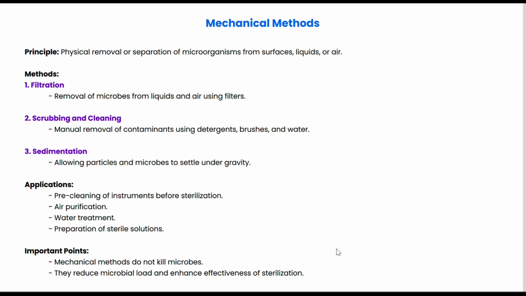Applications include pre-cleaning surgical instruments before sterilization, air purification processes, water treatment plants, and preparing sterile pharmaceutical solutions. The key point to remember is that mechanical methods do not kill microorganisms. They just reduce the number and prepare materials for more effective sterilization later.